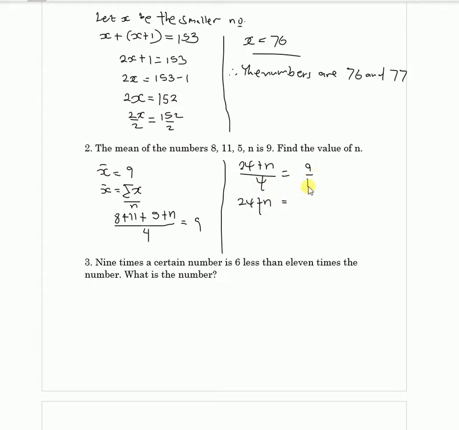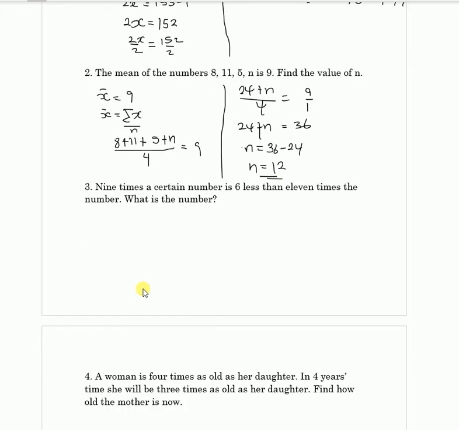It is equal to 4 times 9, that is 36. Then I have n on the left hand side, 24 goes to the right hand side and becomes 36 minus 24, such that n is equal to 12. That is the value of n. n is 12.